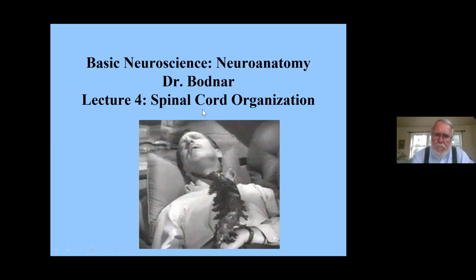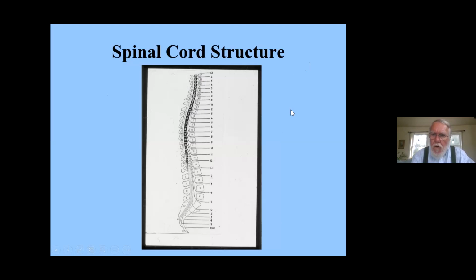So here what you're looking at is a spinal cord structure: the spinal cord and the spinal column. In the next slide you'll quickly learn that there are, quote, 31 segments to the spinal cord. The word segments is a misnomer.